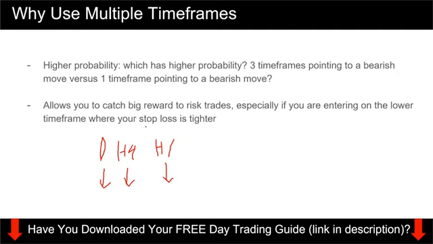This scenario 1, or scenario 2, where maybe your daily chart is down, your H4 is up, and then your H1 is down? Which do you think has higher probability? It should be the first scenario. So that's why you want to use multiple time frame analysis.